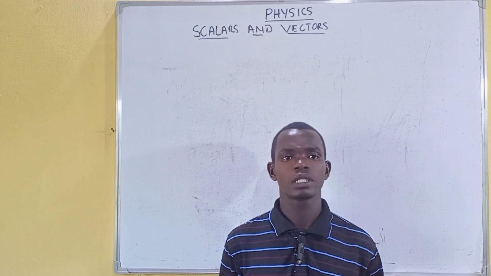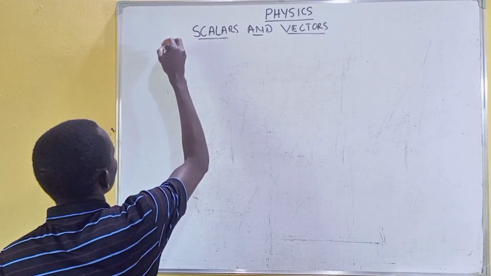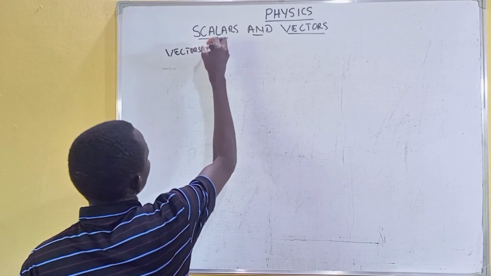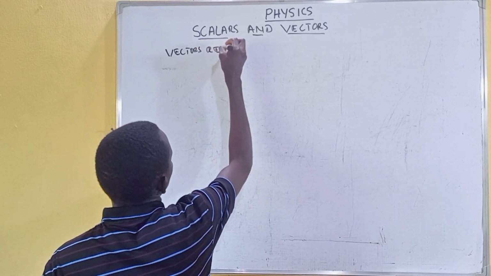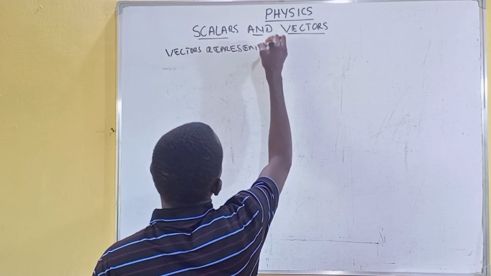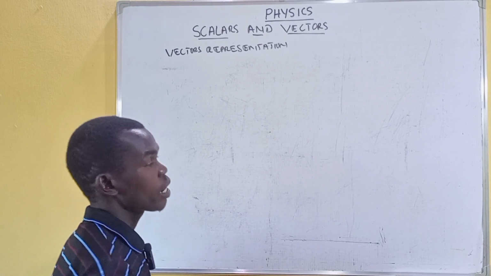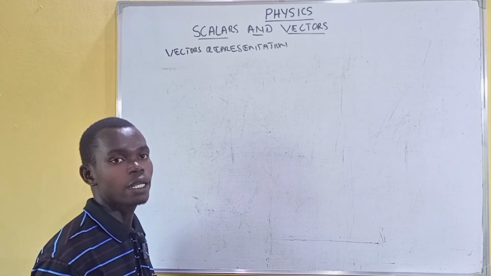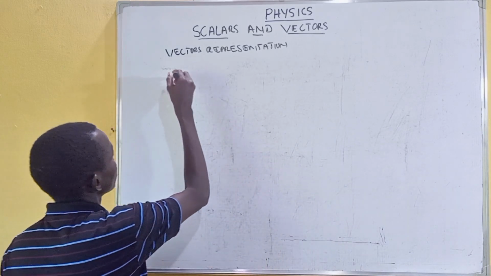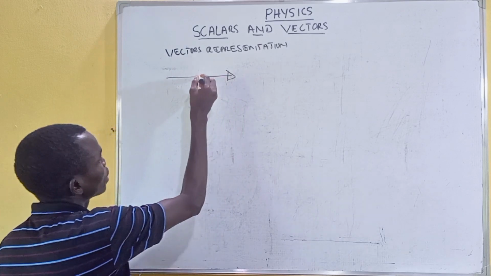And how do we represent a vector? The vector representation: vectors are represented by a straight line with an arrowhead. Here is a straight line that has an arrowhead.